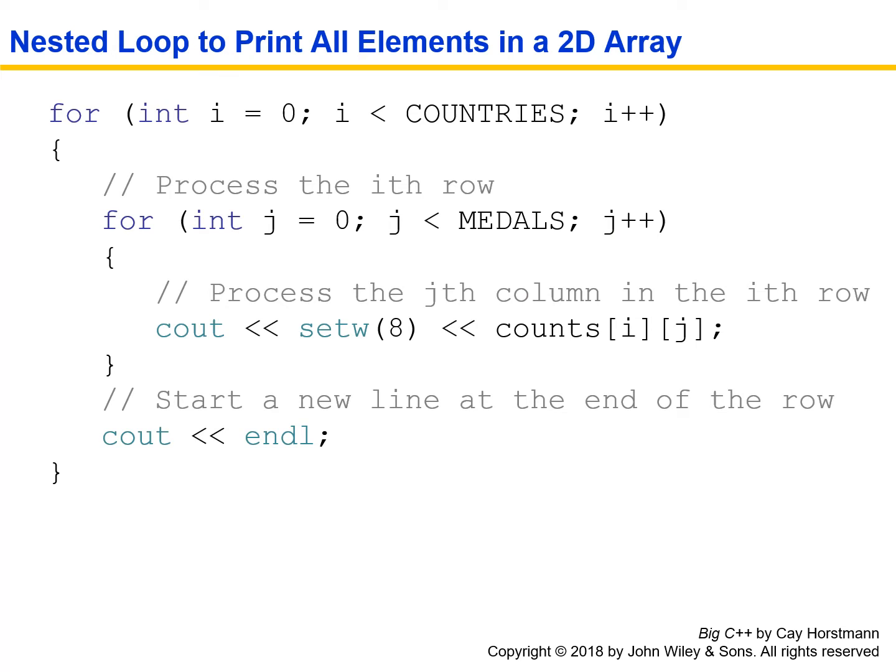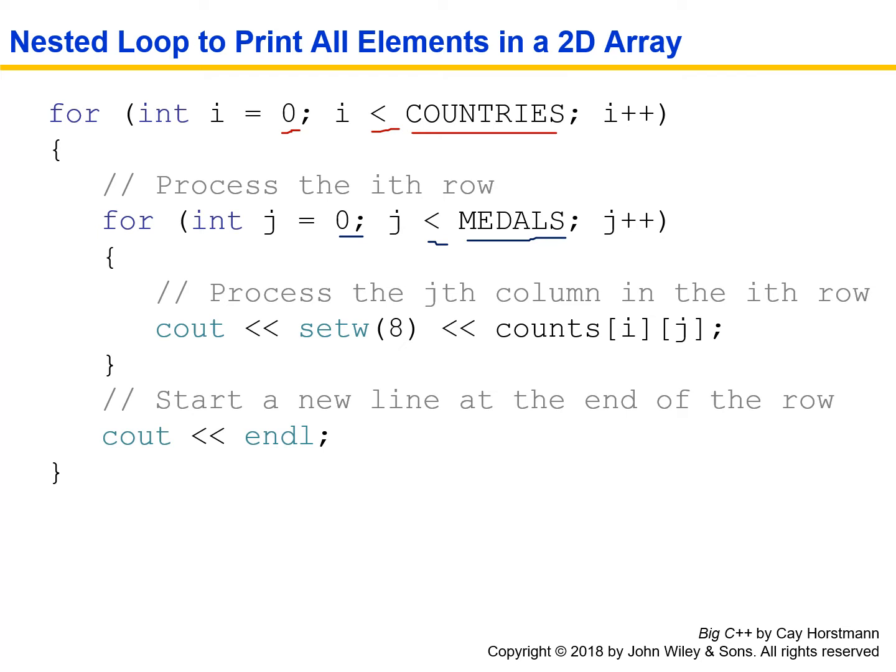Okay, what if we want to print the entire array? Well, we just use 2 for loops, exactly the same style of for loop that we've been using so far. I, of course, begins at 0. I is less than the number of rows. Okay, then for the ith row, j starts at 0, j is less than the number of columns, and then for the jth column in the ith row, we're going to cout.